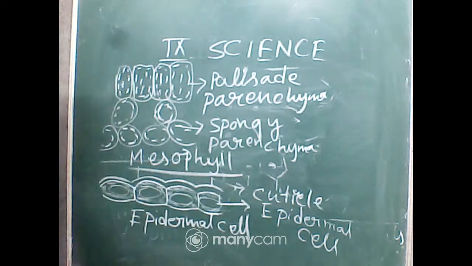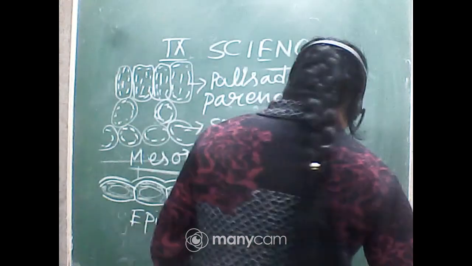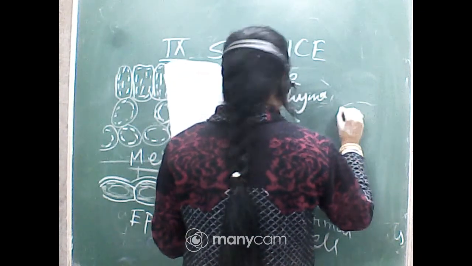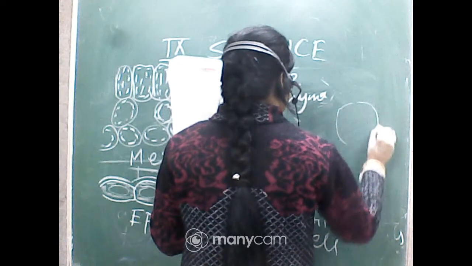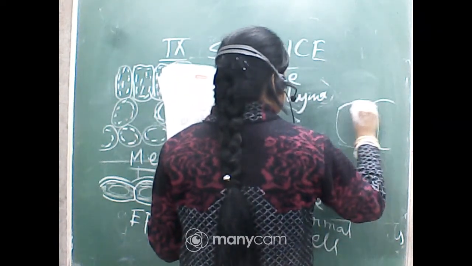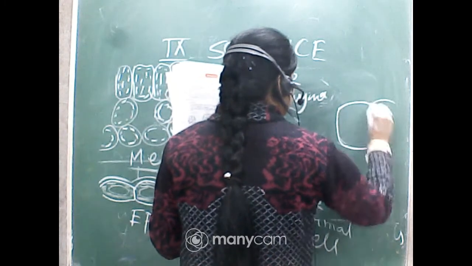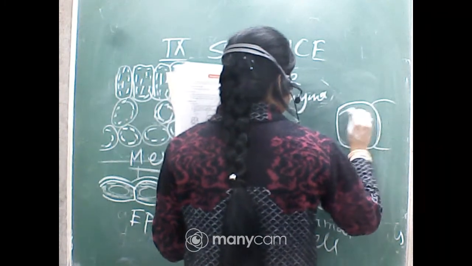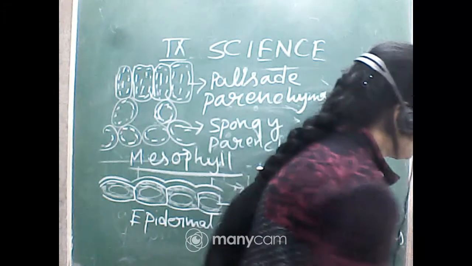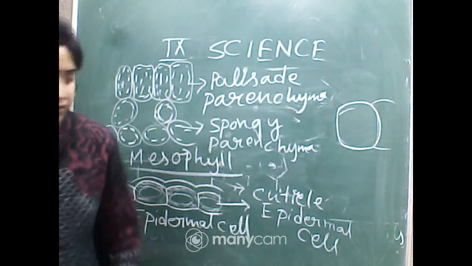The name of that cell is mesophyll, and the last one is aerenchyma. I will draw this in my next classes. You just draw that, and you can obviously see my previous videos.